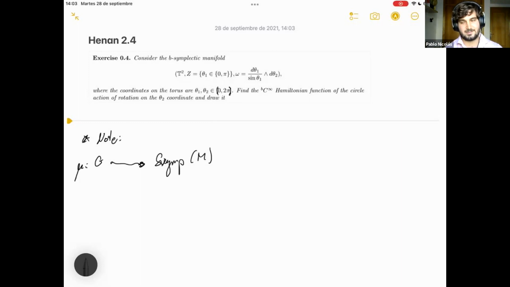And she said that this controlled way is the moment map. I like to understand this picture through the comoment map, and I will try to explain what this is.